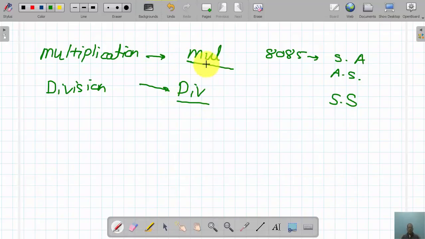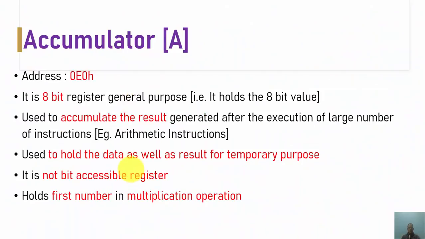While performing multiplication, we deal with n1 multiplied with n2, no doubt. These n1 and n2 are the two numbers, out of which the first number should be present in the accumulator while performing the multiplication.